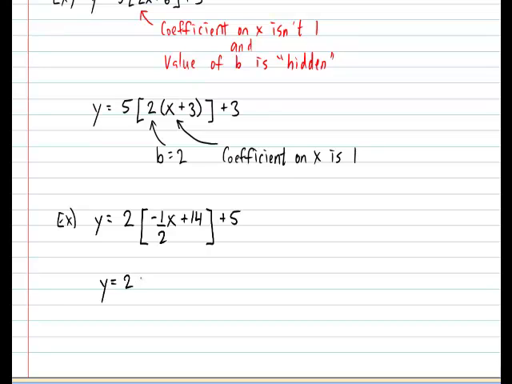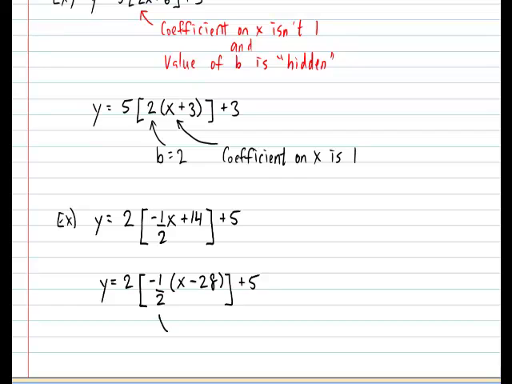Y equals 2, and inside the greatest integer function, all you have to do is factor out the coefficient on the x. So take out the minus half, and using your common factor technique, that will leave behind an x and a negative 28. There we go.